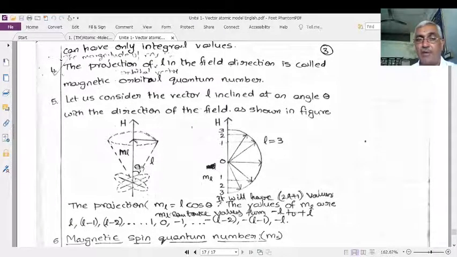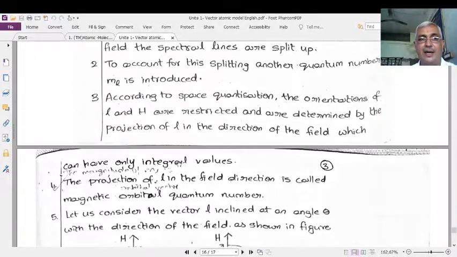Therefore, it will be deflected by the presence of the external magnetic field, making an angle theta. The projection of this L bar on the magnetic field H bar is what is known as ML. Therefore, ML is L cos theta.